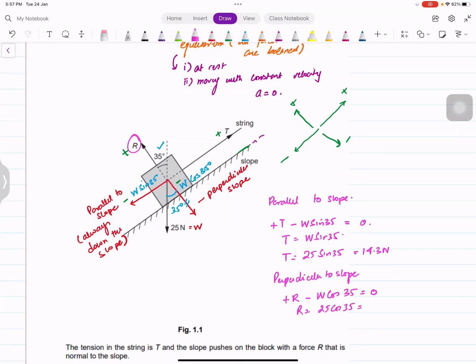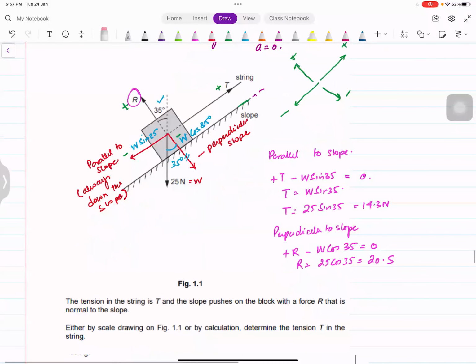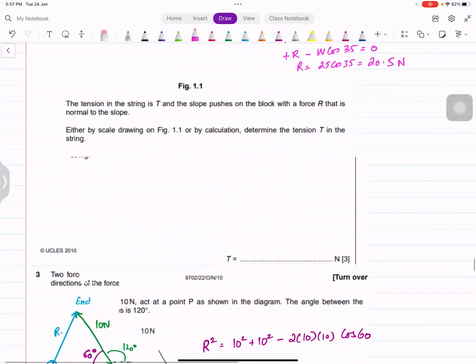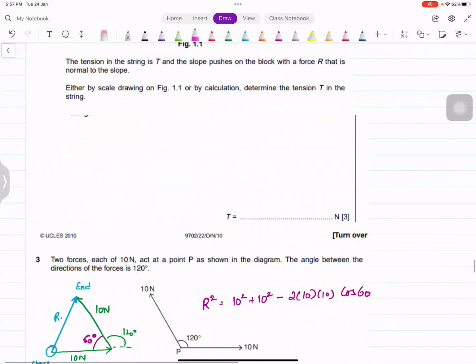What might that be? 20.47. 20.48. Okay, 20.48, which is just 20.5. Anyway, in the question it says give the tension T. So you don't need R, you just write 14.3.